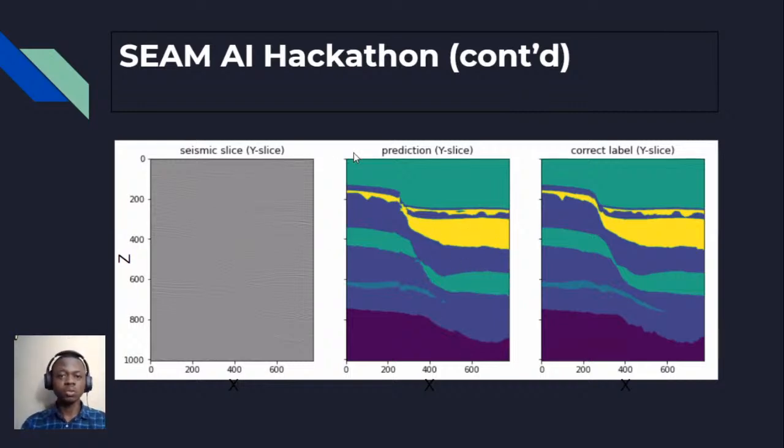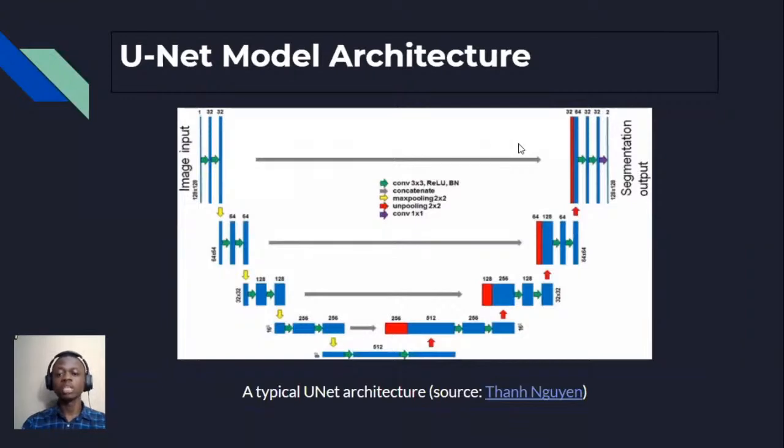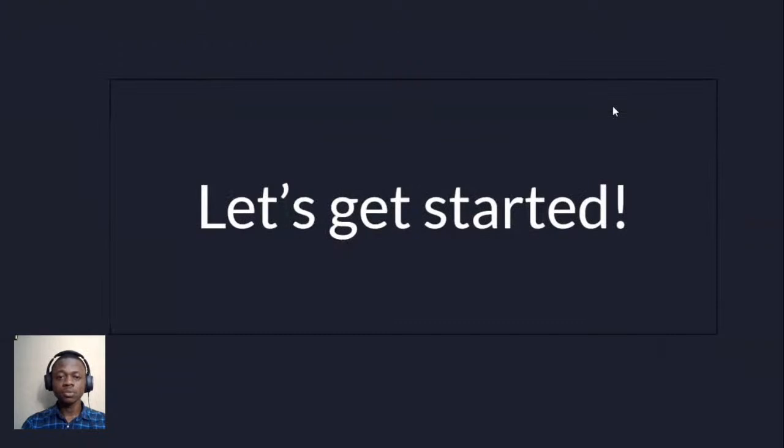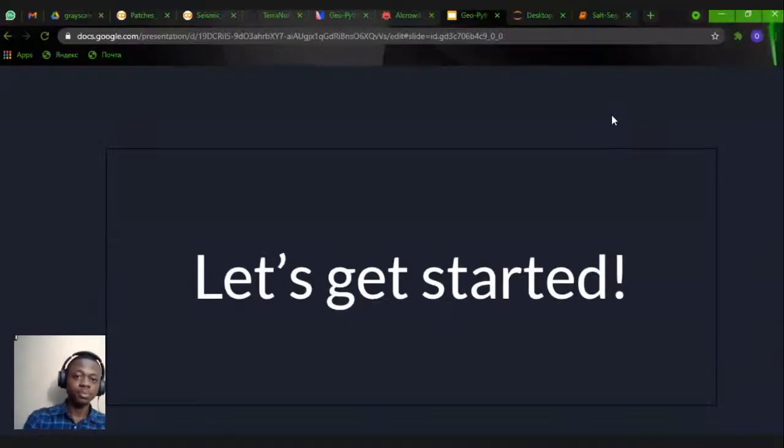We'll also look at this when we get to that section. But for this webinar tutorial, we're looking at salt segmentation, making use of convolutional neural networks, especially the U-Net model architecture, which we just discussed. So let's get started with that.